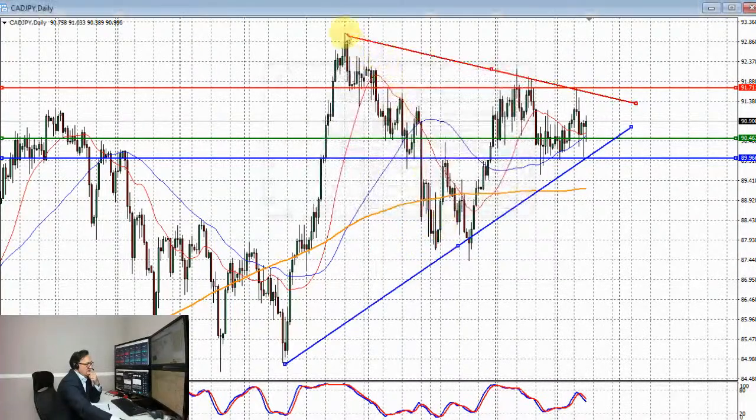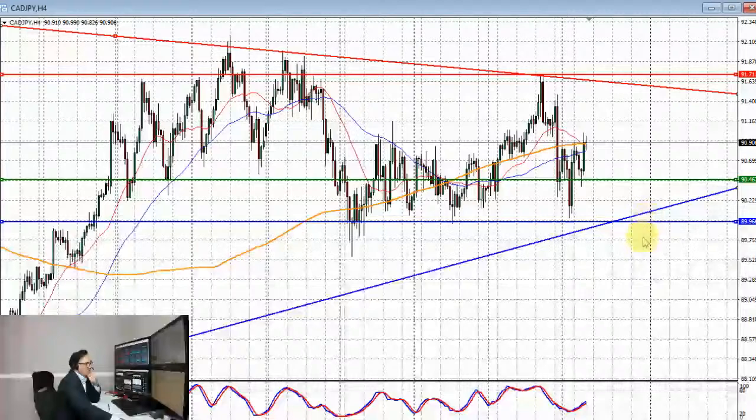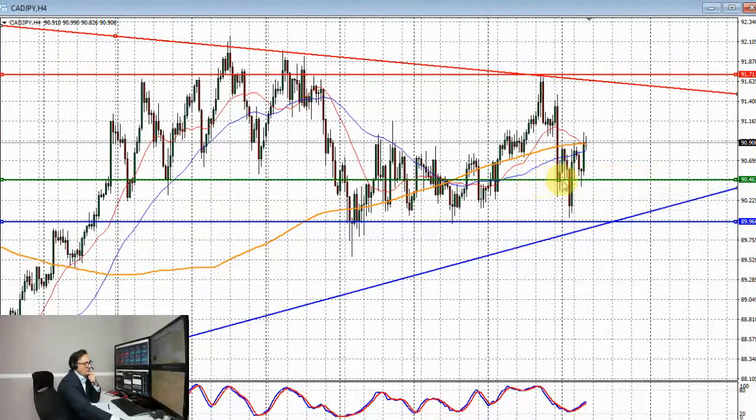So the price is creating lower high, lower high, lower high, but loads of higher lows. So from the trade point of view, as long as this area here holds, 90.50, we could possibly see an attempted extension to the upside towards 91.40, 91.70.